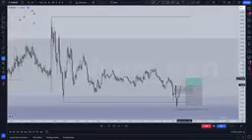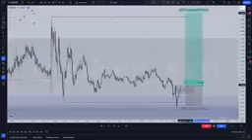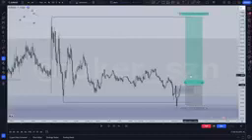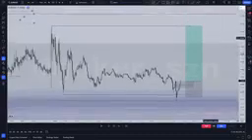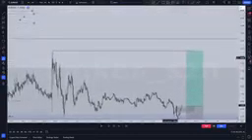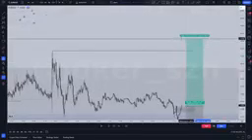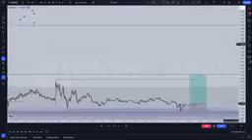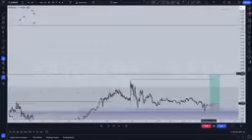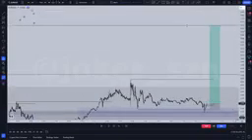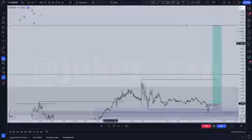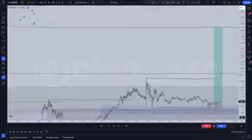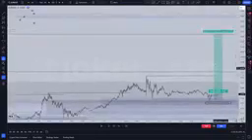So we enter here, and our first TP would be the previous day high, which would be then a 3.46R trade setup. So I would take some partials here, and then also something here maybe, and then we can also leave some runners for the 1.09 levels, right, which is the daily swing high, and we also have the fair value gap here.